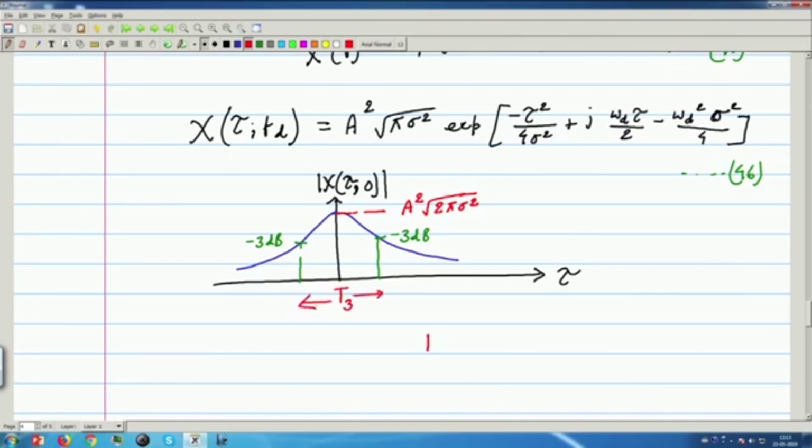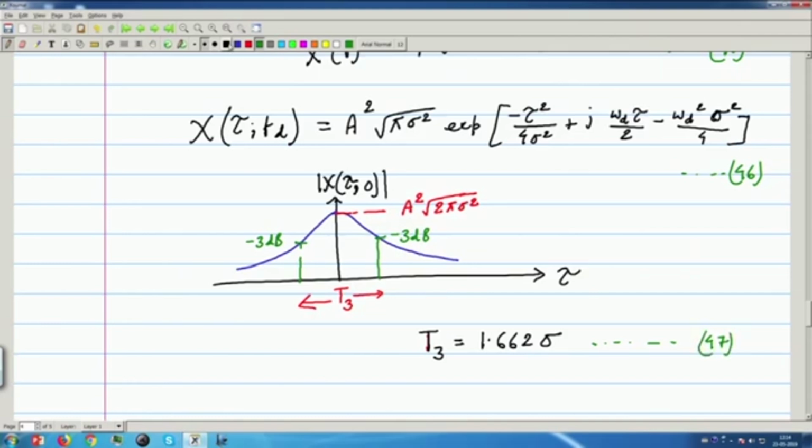This T3 in terms of the parameter of the pulse, sigma, if you do it from here, will come out to be 1.662 into sigma. So, this is another equation, let me call it 47.